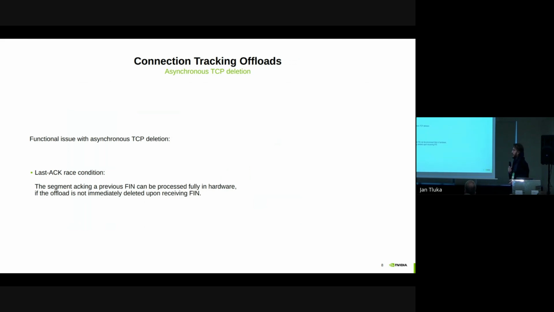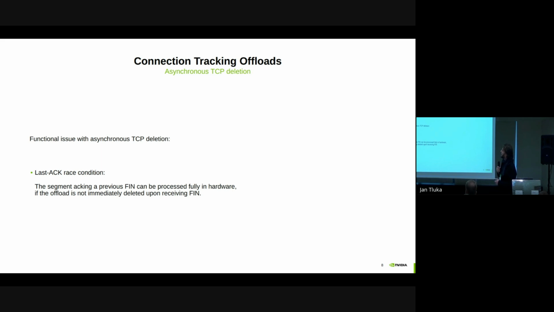There are functional issues with this approach, with the asynchronous operations. For the TCP deletion, you can have a race condition that appears. For example, when you start the closing sequence in the TCP connection, you expect to have an ACK segment for the first FIN segment. And sometimes that ACK segment will have no other flags. As a result, it could be considered as a data packet, considering the very simple match on the TCP flags that are expressed in the CT offload.